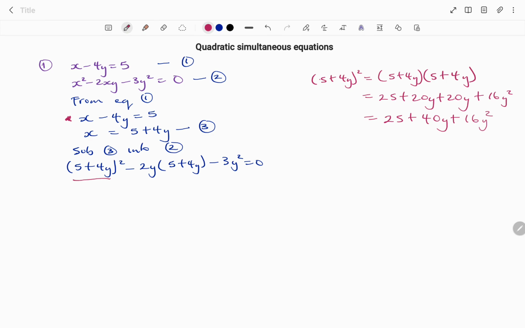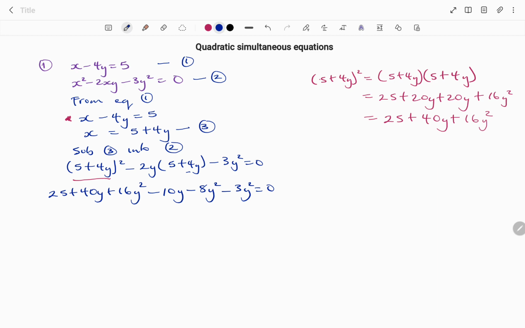Substituting that back into the equation, I'm going to have 25 plus 40y plus 16y squared minus, I'm going to expand using minus 2y to multiply all the terms in the bracket. That'll be minus 10y minus 8y squared minus 3y squared equals 0.